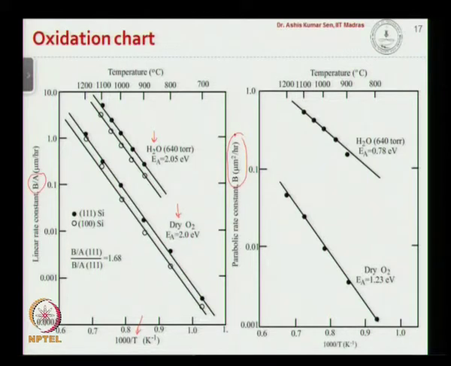So in this case for 1100 degree centigrade, if you draw a line there onto the 100 silicon wafer and draw a horizontal line there, you will get about 5 micron per hour as the B over A. Similarly to find the value of B, you draw a vertical line there and then a horizontal line, let us say this is about 0.5 or 0.6.